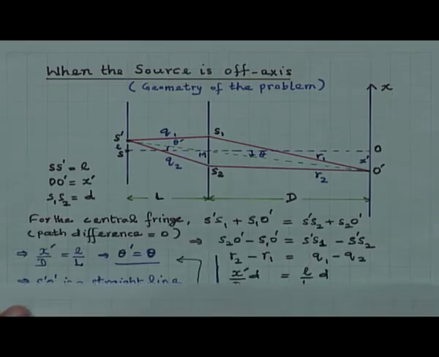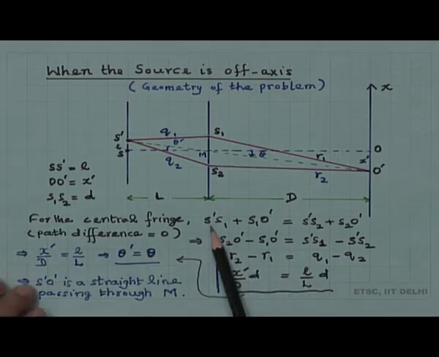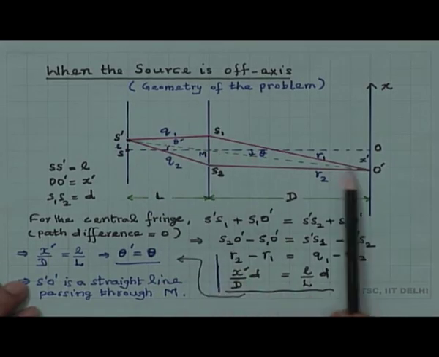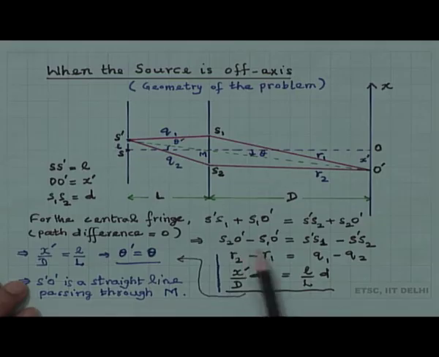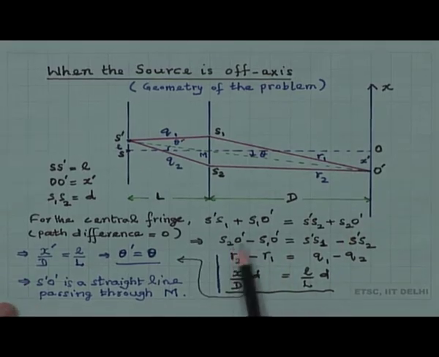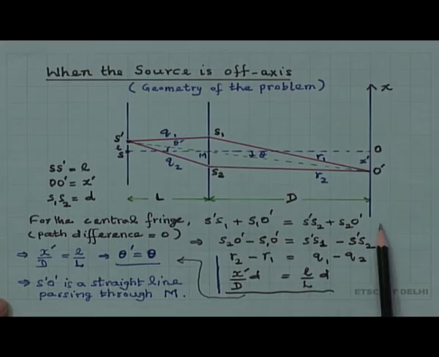Now let us see that for the central fringe the path difference is equal to 0 if this plus this is equal to this plus this, the lengths here are equal. Which means I can take this S2 O dash to the other side, or S1 O dash to this side, and write S2 O dash minus S1 O dash.